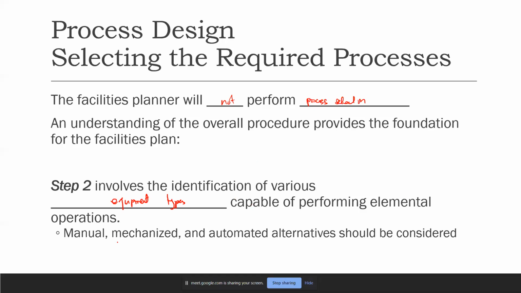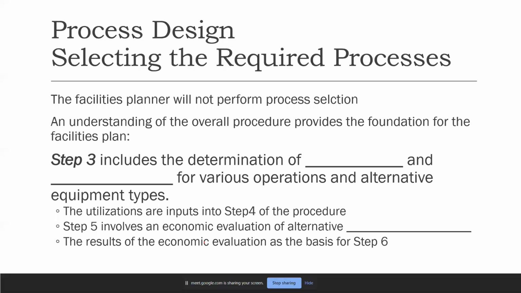So anong klaseng equipment, anong klaseng tool yung gagamitin natin? May it be manual operations ba yun? Or for example, ang product ko ay simple lang to, milk tea, halimbawa yung sealing. Yung pagsisil ba, ang gagamitin ko ba ay manual or automated sealing? So ayan yung mga equipment type na.